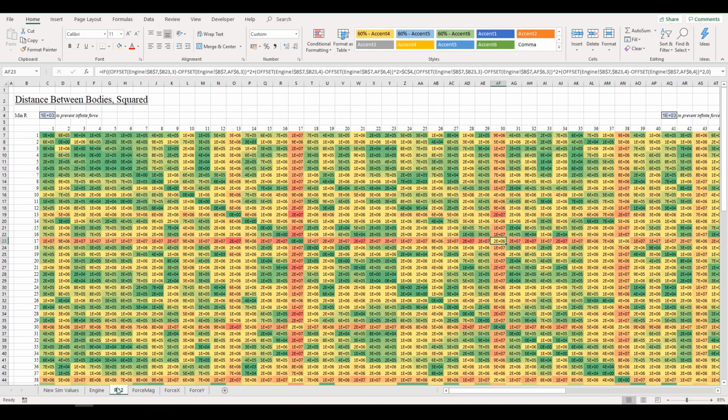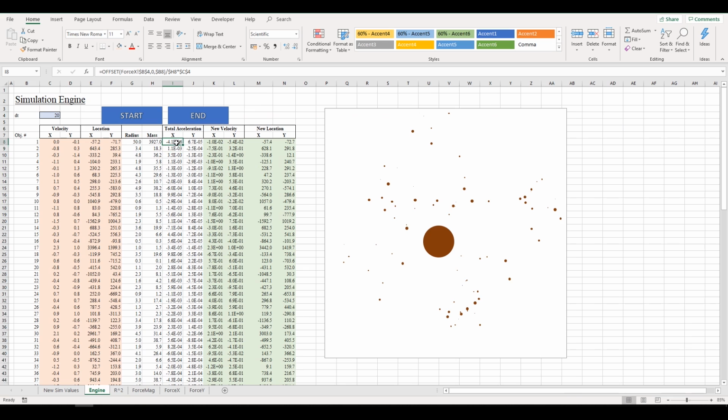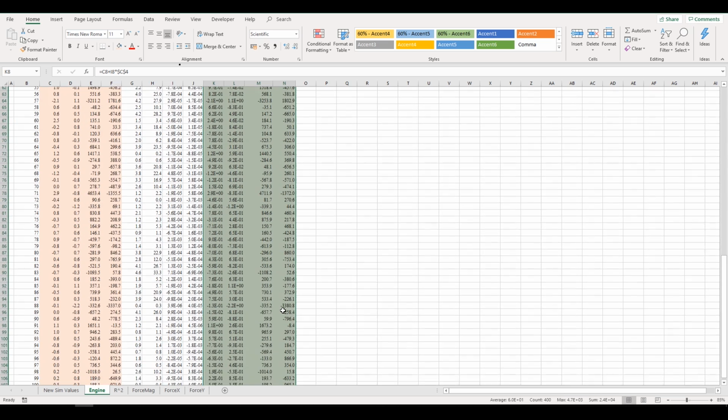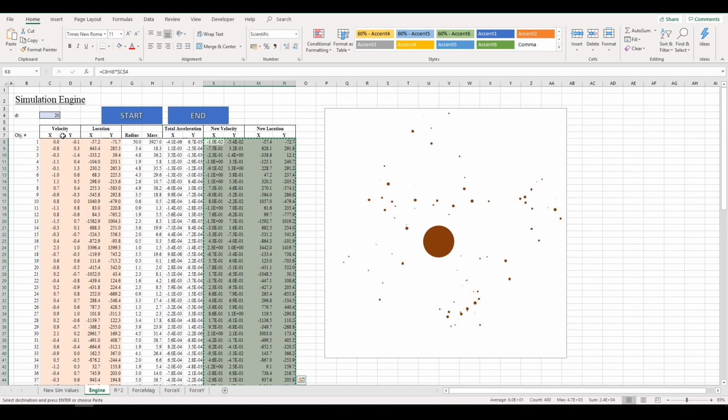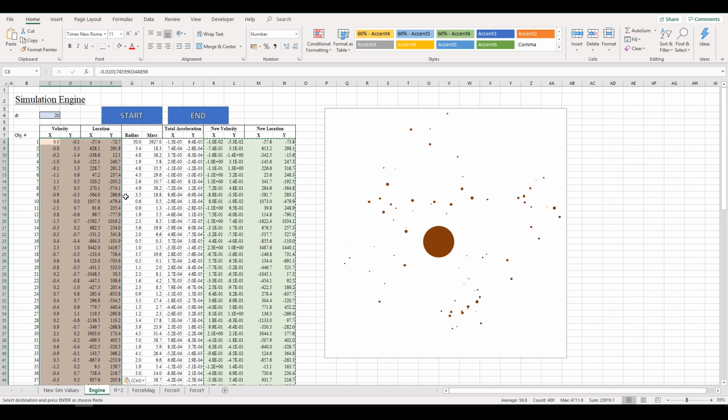It's the same thing. Now we have all our information to do our equations of motion, because we have acceleration now, so we can find the new velocities and new locations. So we have the current velocity and locations, and these are the new velocities and locations. All we need to do is copy these values and paste them over here. Now all the locations and all the velocities have been updated.